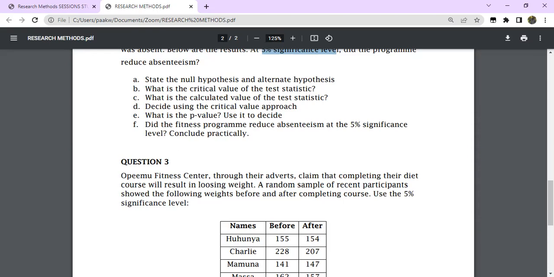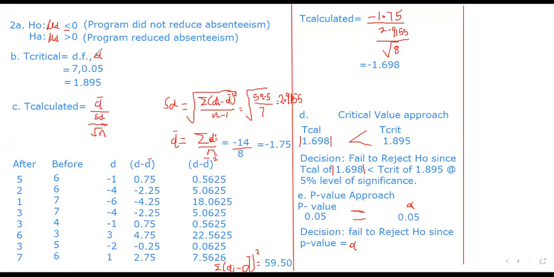Conclude practically. This is where you use the H0 and the HA to decide your answer. If you don't understand the hypothesis that you formulated, you can't solve the last question. So what will be the conclusion?